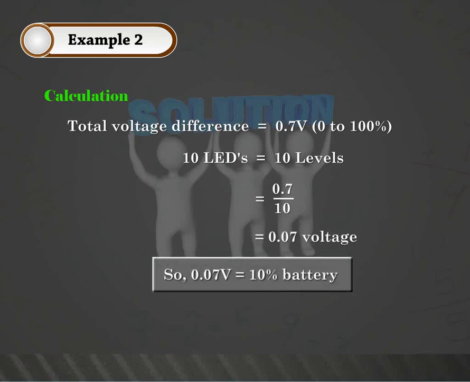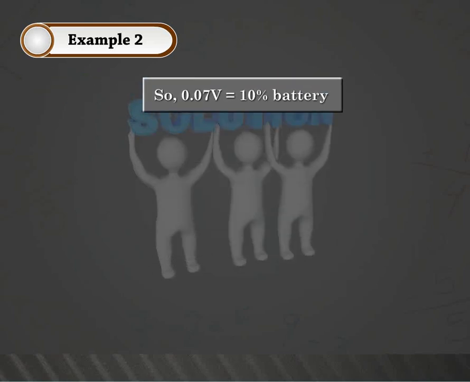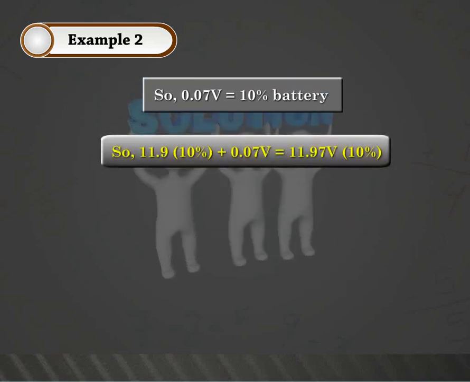So, 0.07 volt is equal to 10% battery. So, 11.9 volt for 0% plus 0.07 volt is equal to 11.97 volt for 10%.